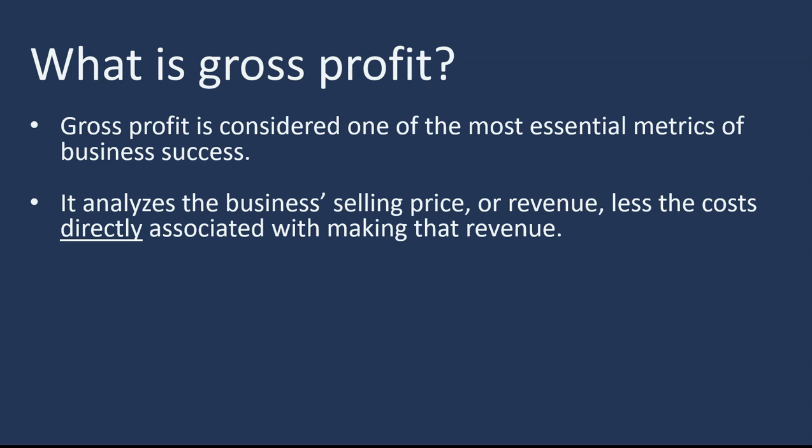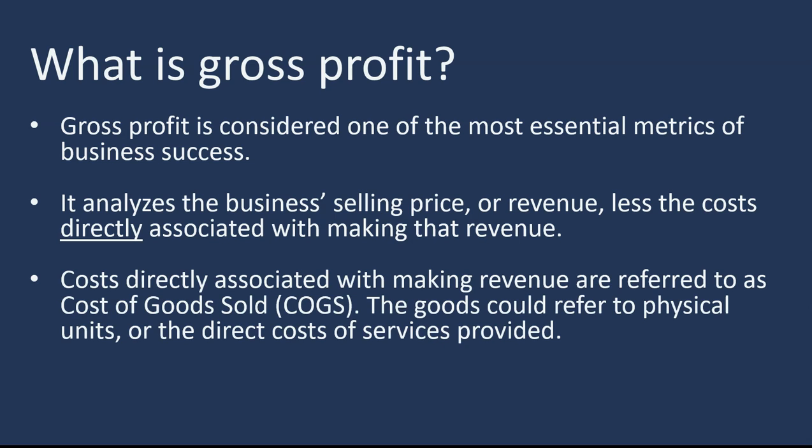And what this does is it analyzes the business's selling price or revenue minus or less the cost directly associated with making that revenue. So it doesn't include all of the expenses of the business, but it does include the most significant, which are the costs directly associated with making a product or delivering a service. The costs directly associated with this are referred to as COGS, cost of goods sold, abbreviated C-O-G-S.